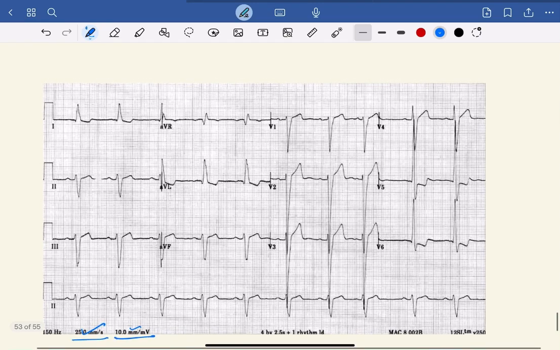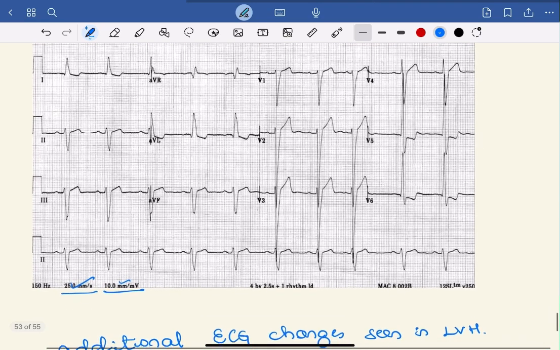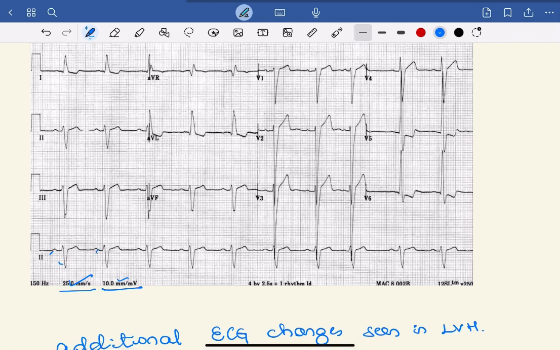Next, we have to see rhythm. So there is P wave, QRS, P wave, QRS, P wave, QRS. Every P wave is followed by QRS, and every P wave is looking the same.